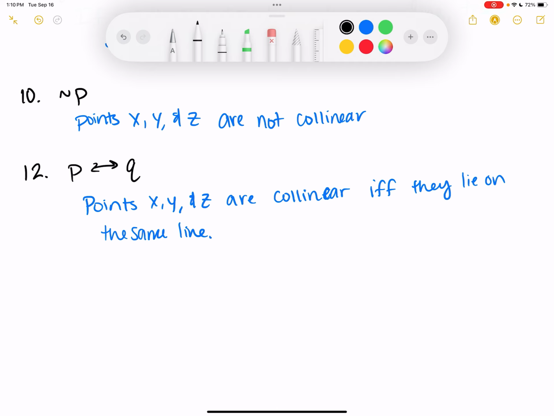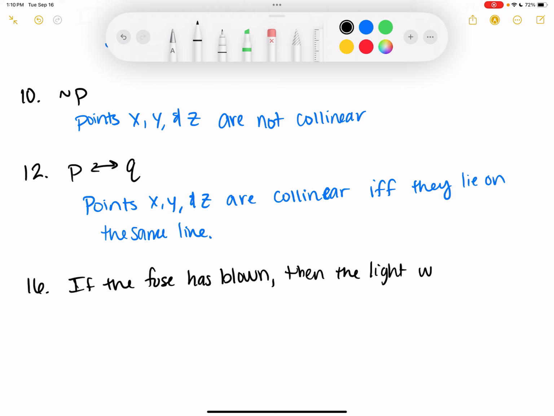So 16, if the fuse has blown, then the light will not go on. All right, so if this is written in the form P implies Q, what is P?